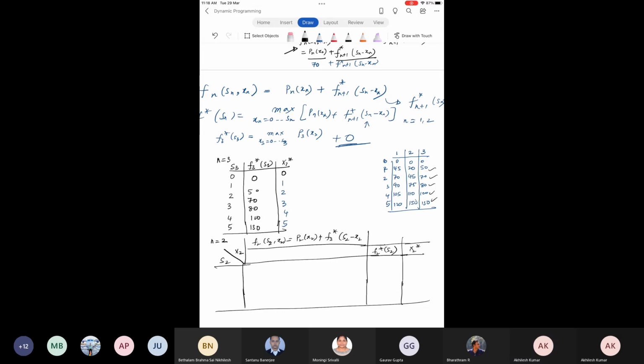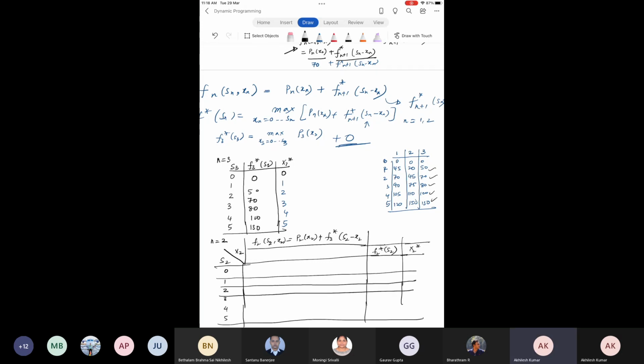So let's start. What are the possible values of S2? 0 to 5: 0, 1, 2, 3, 4, 5. What are the possible values of X2? 0 to 5. Very good.